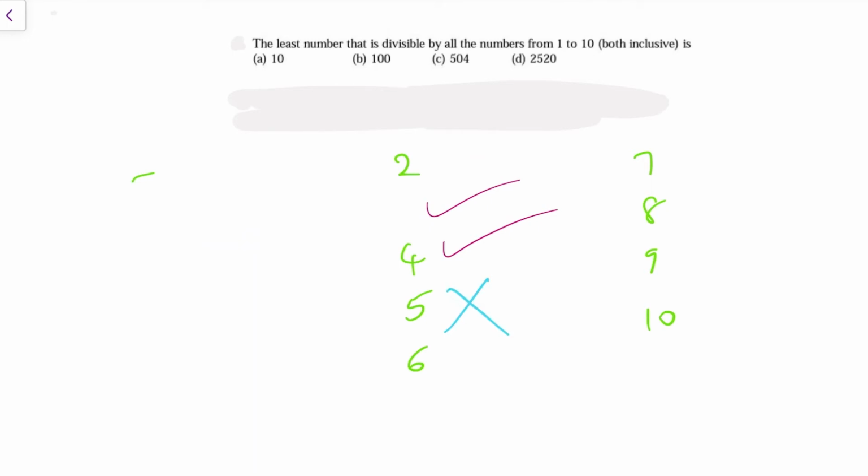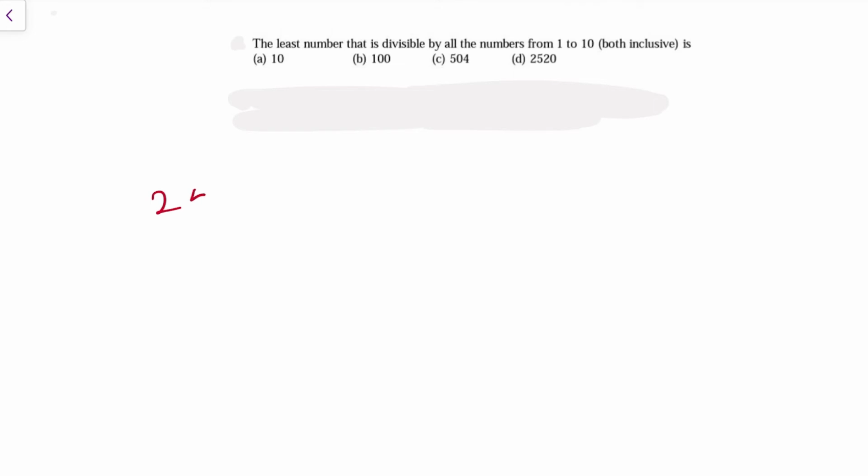Next, we remain with the last option, that is 2520. Let us check whether it is divisible by each and every digit or not. Last digit is 0, so definitely it is divisible by 2. Next, for 3, sum of all the digits, 2 plus 5, 7, 7 plus 2, 9, 9 plus 0, 9.